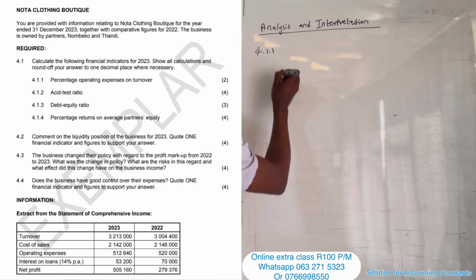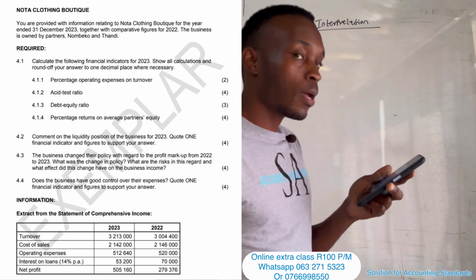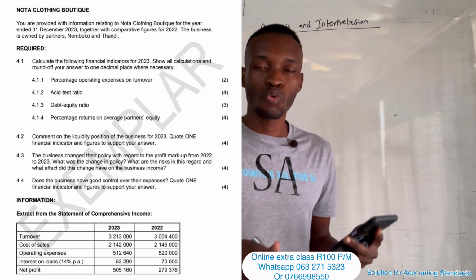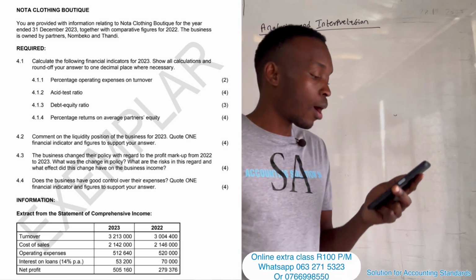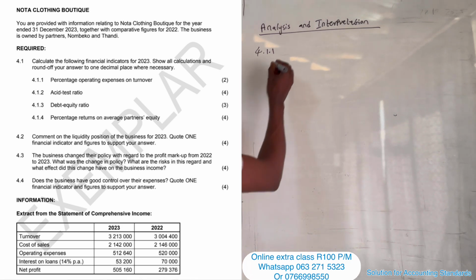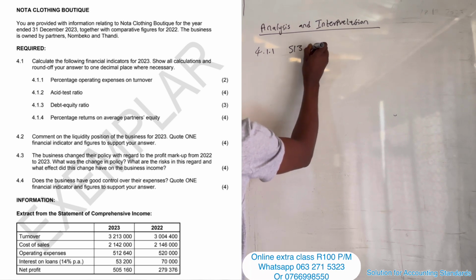4.1.1, percentage operating expenses on turnover. This one is profitability. We want to see if we are controlling our operating expenses properly. Okay, the information is there. Our operating expenses for 2023 is 512 640. You have to know the formula, guys.